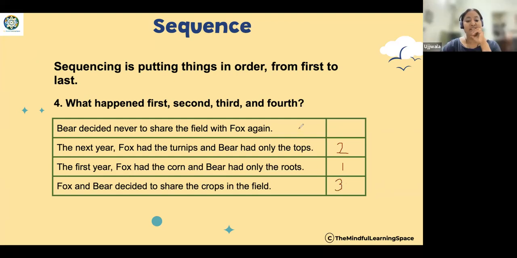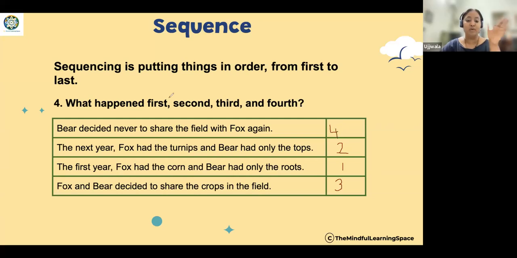And why Bear decided never to share the field with Fox again is the last? Because it says again, so Bear would have already had to share the crops in the field. So it had to be after Fox and Bear decided to share crops in the field. Okay.